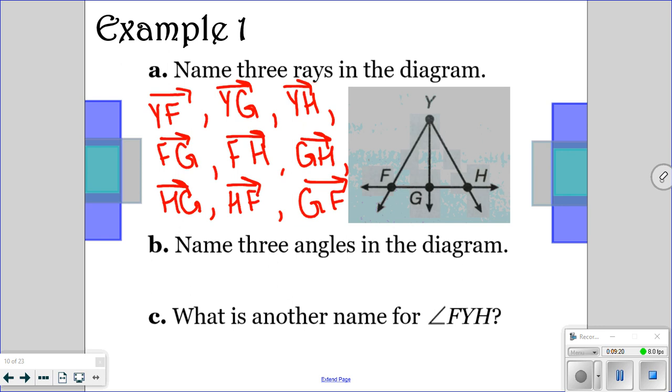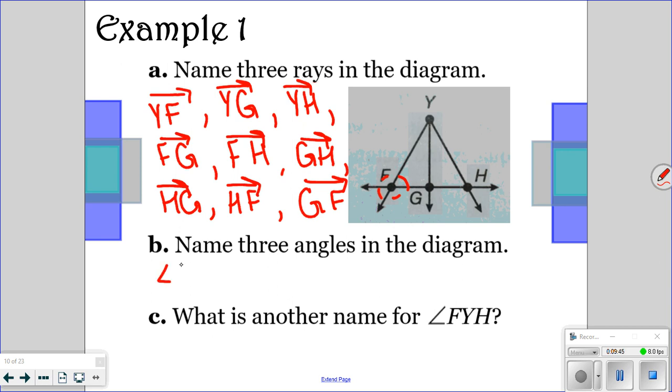Okay, for 3 angles in the diagram. 1 angle, I could name this one here. So do you see how there's actually another angle over here, and over here, and here? Since there are multiple angles at F, you don't want to just use F. So we need to use 3 letters, 3 variables.